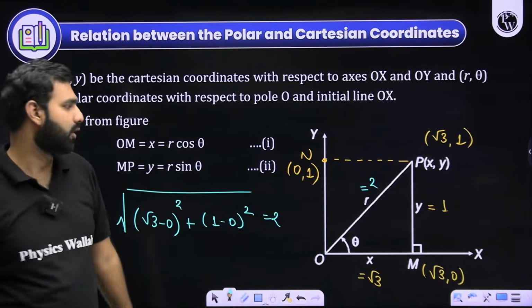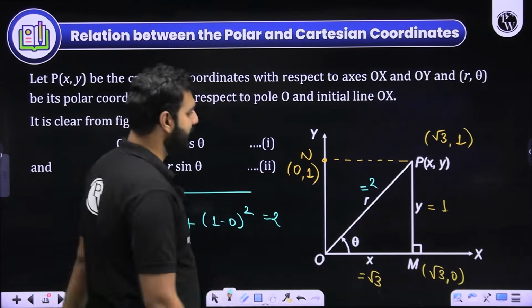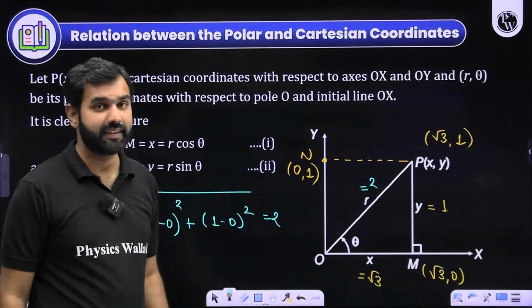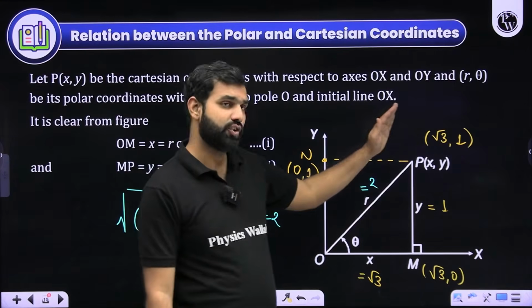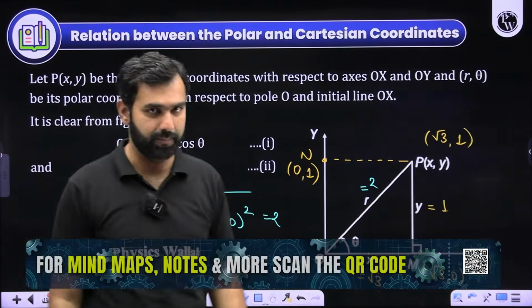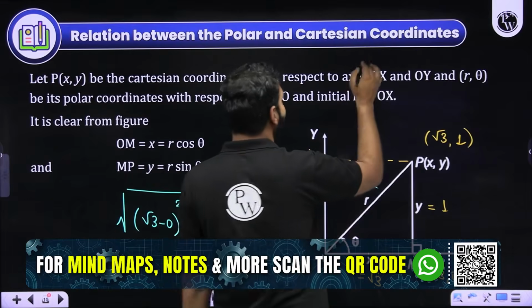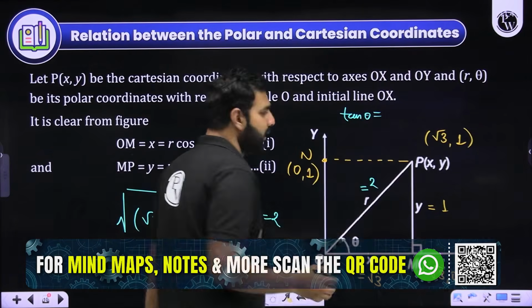Now you need to define one more thing, which is theta. Can you define this theta? If I take this right angle triangle OMP, I can say something about tan theta. This theta is the inclination of this line OP with respect to the positive x-axis in the anti-clockwise direction. tan theta is perpendicular upon base.